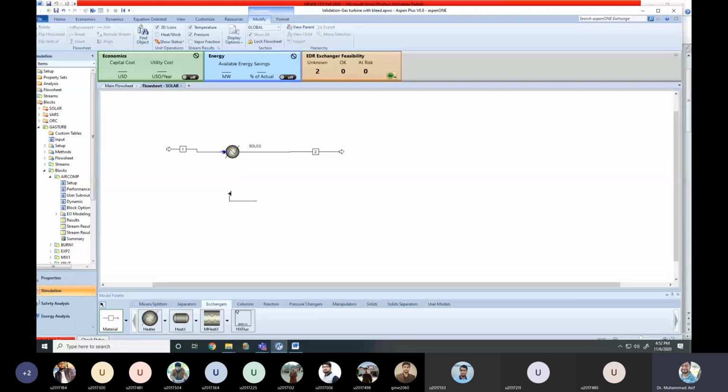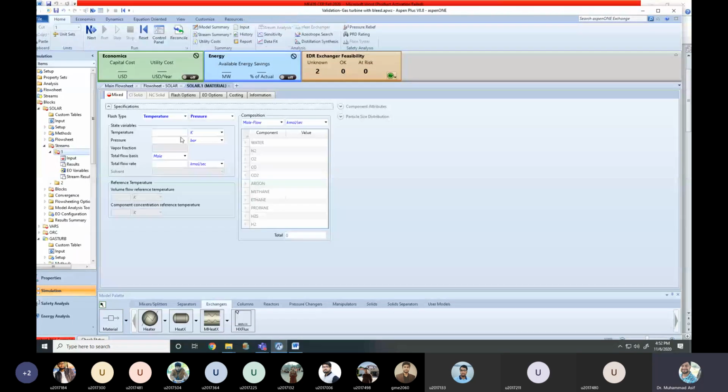Let's say the water entering, we give a certain mass flow rate and temperature. Let's say it's 1 bar pressure, and the temperature initially was 25 degrees C, and let's say the mass flow rate is 5 kg per second. I'm just giving any value; this is only water.